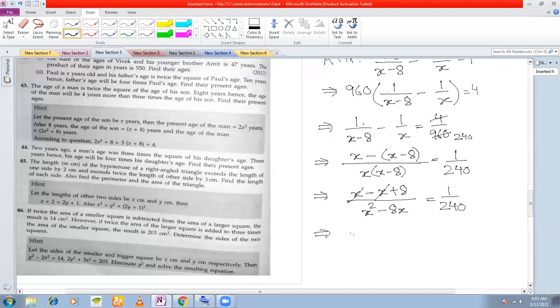And now if you cross multiply, you will get X square minus 8X is equal to 240 into 8. And how much is 240 into 8? 1920.